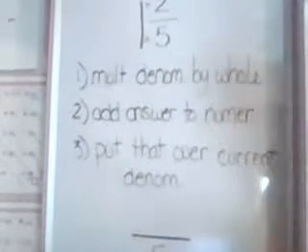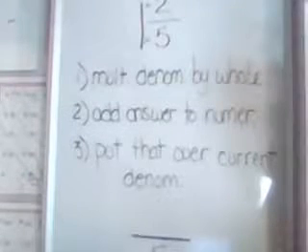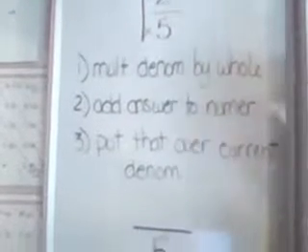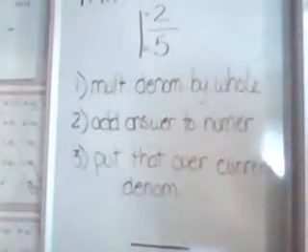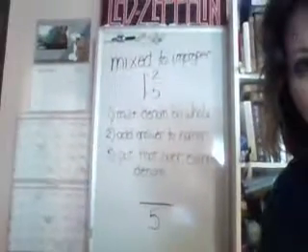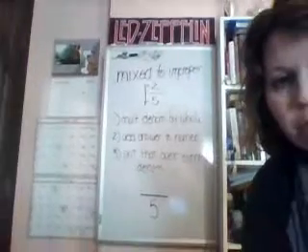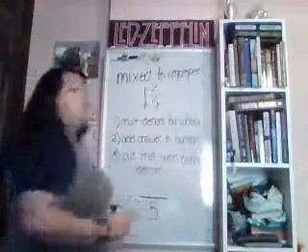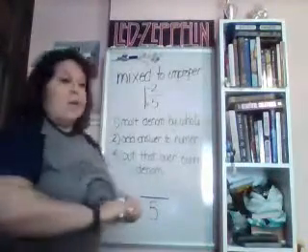You're going to multiply your denominator by your whole number. Step 2 is add the answer to the numerator, and then put that over the current denominator. So I'm just going to zoom out again. But hey, this is a video, so you can pause me, you can rewind it if you need to.